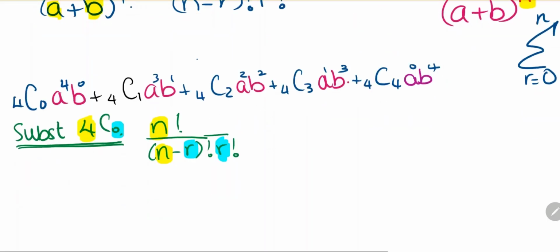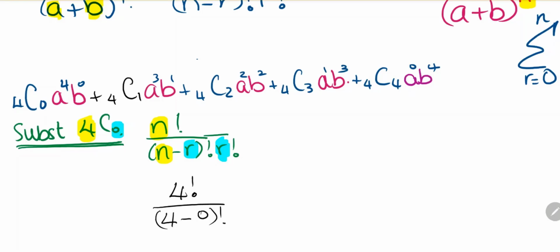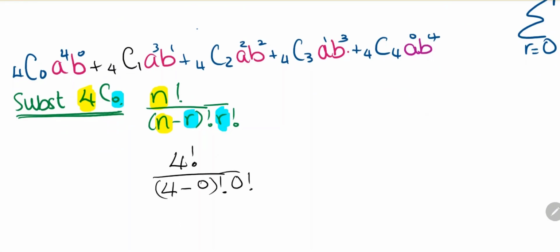So if we've got 4, it's going to be 4 factorial. n will be 4 minus 0 factorial multiplied by 0 factorial. So if we have a look at this, this is going to be 4 factorial over 4 factorial, and this cancels. This becomes 1.